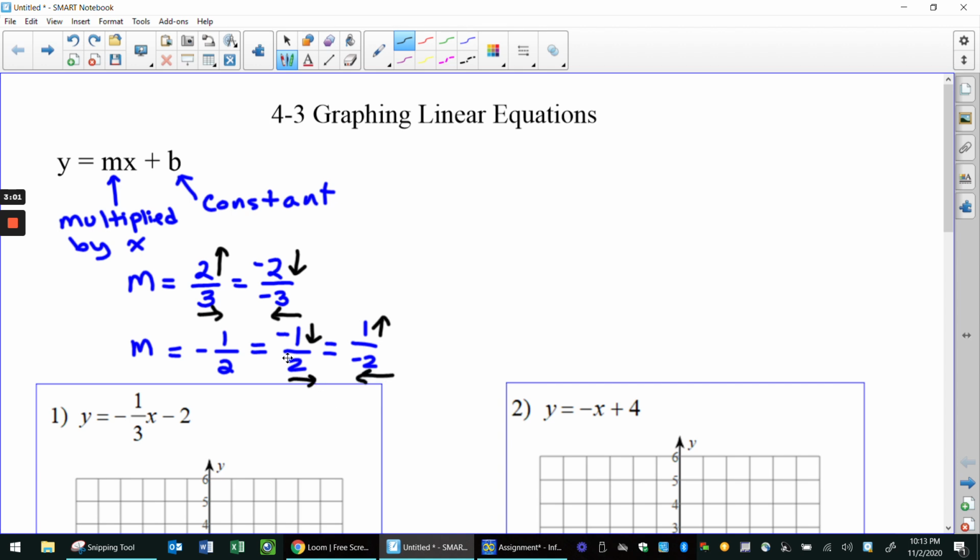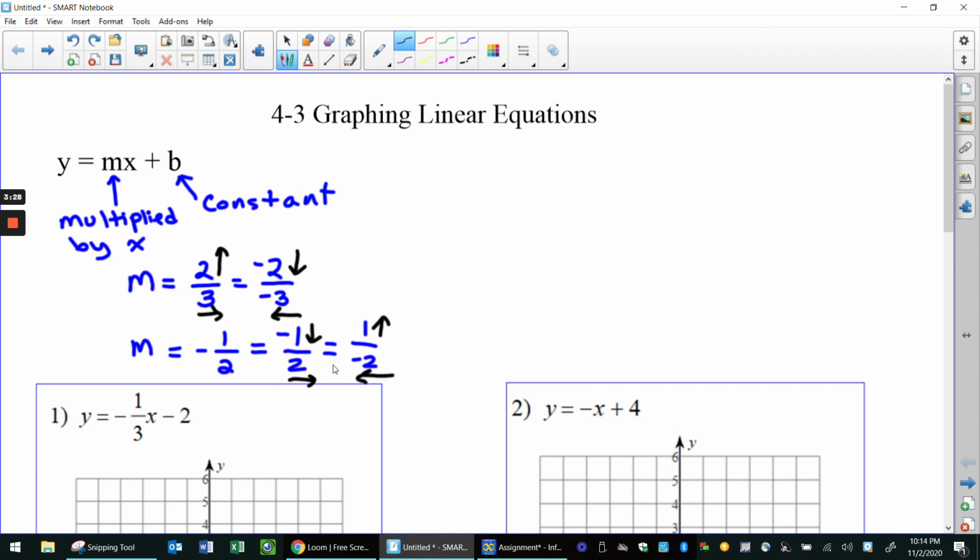So we know that rise over run means if you're rising upward is positive, if you're rising down, which means dropping really, it's negative. And to the right, you're moving positive on the x and negative on the x if you're moving to the left.